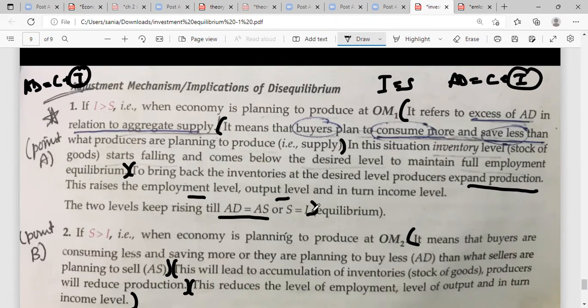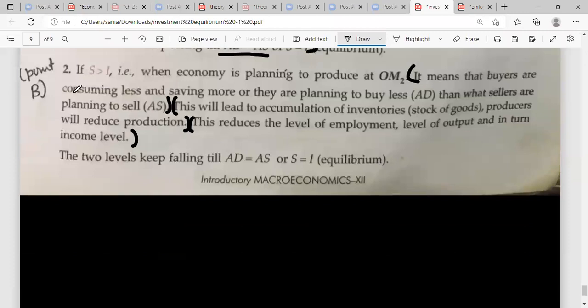Next, if S is greater than I, it means buyers are consuming less and saving more, and they are planning to buy less. S is part of the supply side, so buyers are not demanding; they are saving everything.